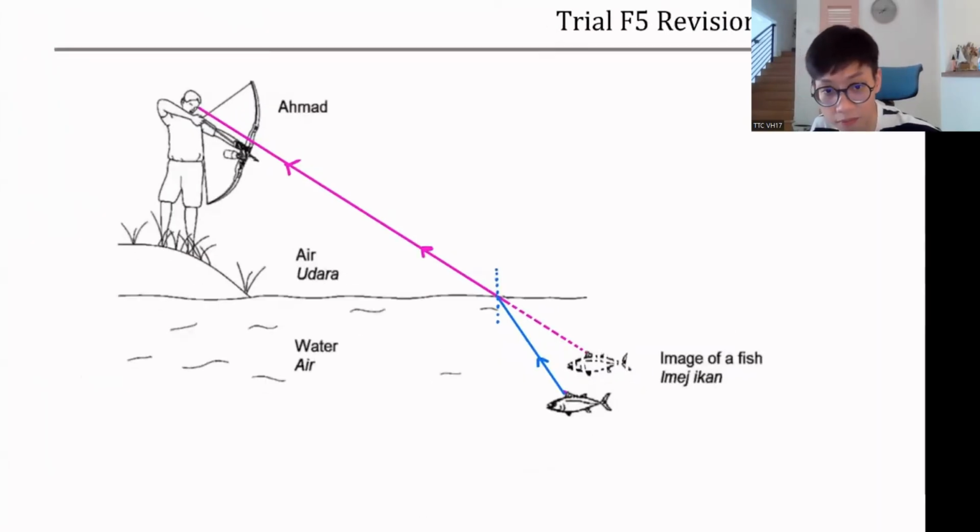The arrow should be in the correct direction: when you see the fish, the light enters your eye, it is not going to the fish. All right. It should be deeper compared to the image of the fish.